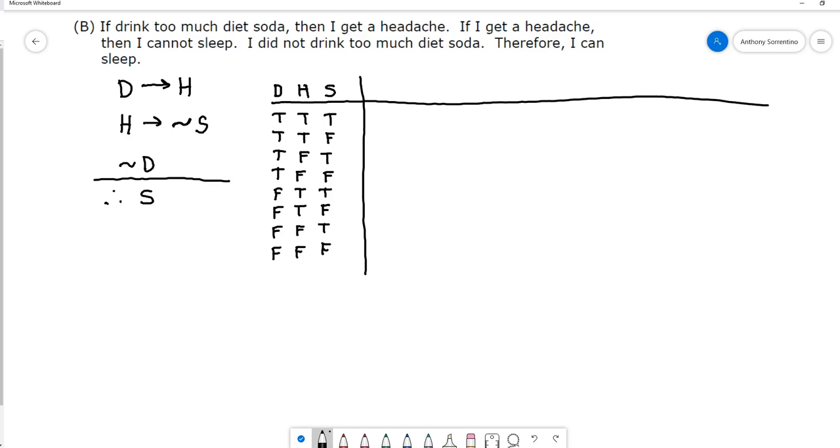I'm going to look at these conditions because not S and not D play a role in this. So not D and not S are two things I want to also include on this, so I know what's going on with those. And again, they're easy enough. I'm just looking at D and just doing the opposite truth value. And the same thing when I do not S. I'm just going to do opposite truth values.